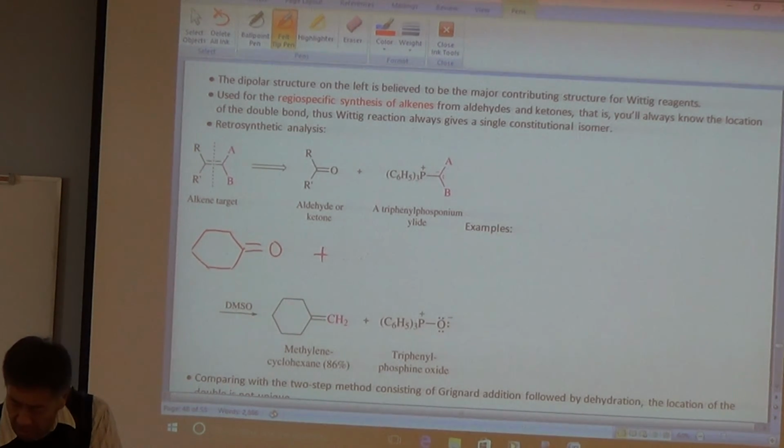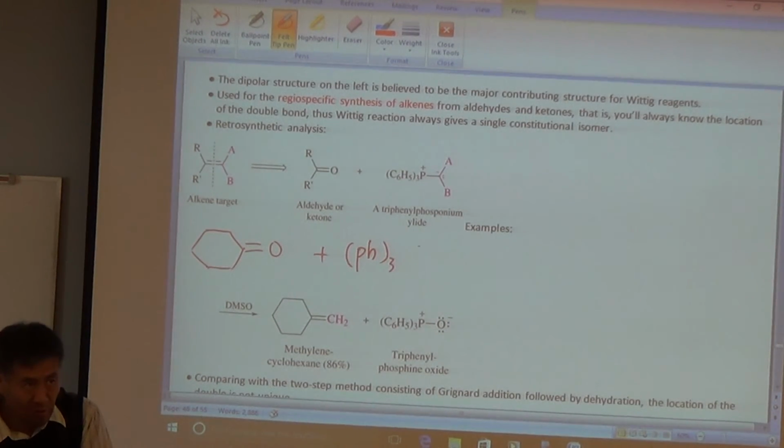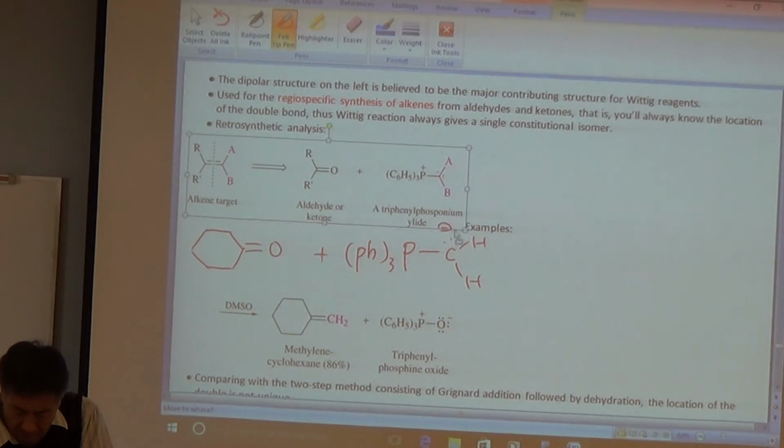And plus our ylide, let's use Ph for the phenyl. We will have 3 of these. Then we have the phosphorus bonding to the C, H, and H. And we want to use this resonance, even though this resonance is a minor contribution.